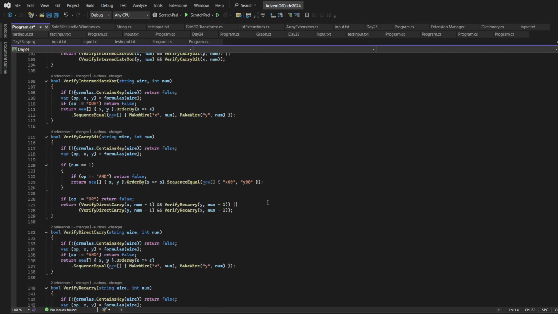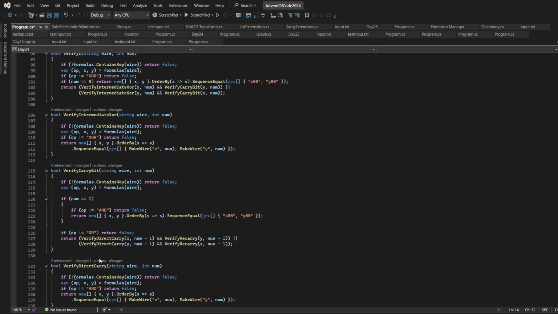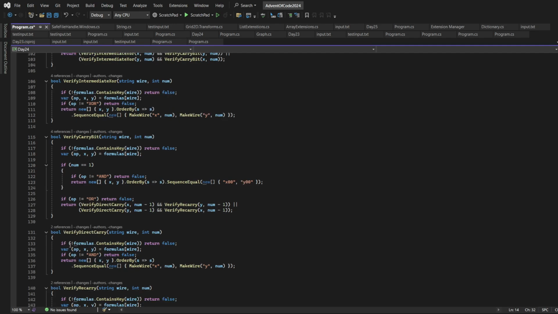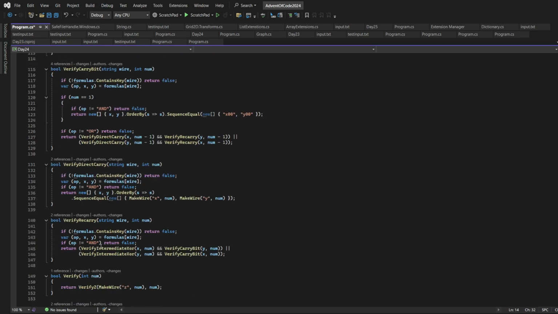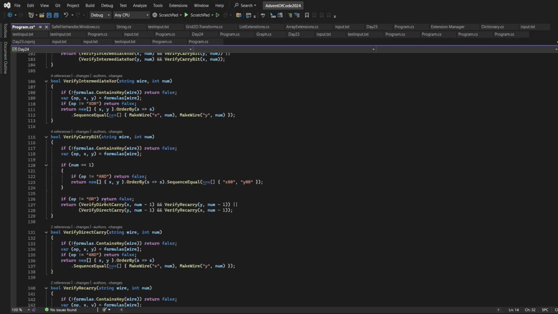So what we need to do is verify our Z values, our intermediate XOR, our carry bit, our direct carry, our recarry. These are all these methods, and what they do is check. Some of them are recursive, some are not.